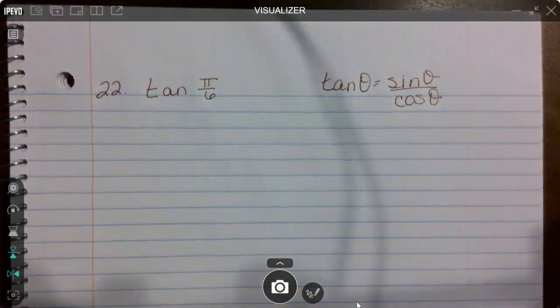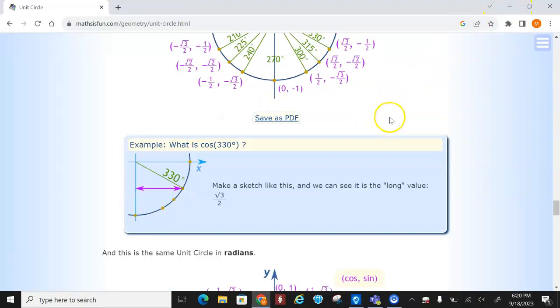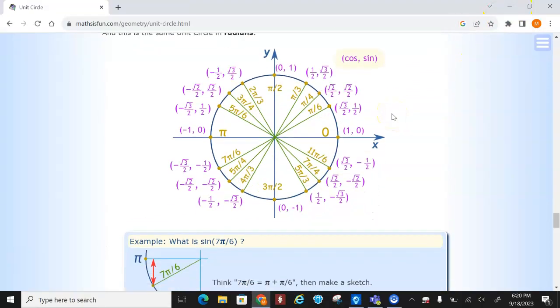So let's go get our unit circle. Okay, so pi over 6. Here's pi over 6. So sine is, good job, 1/2. And then cosine is the first number, square root of 3 over 2.